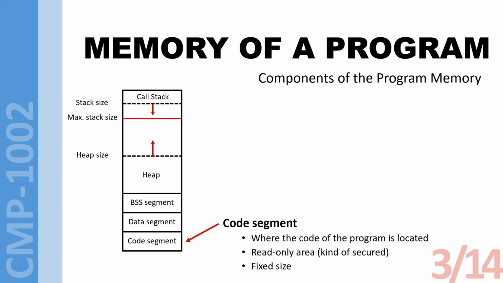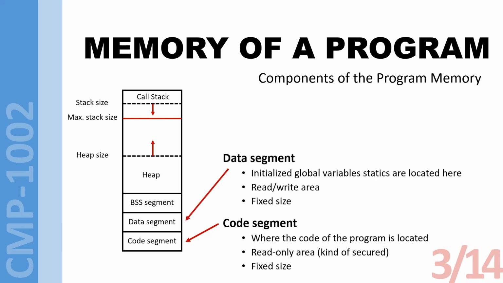This is a read-only area. Unlike the other segments, the heap and the stack, this is an area you cannot write on. It is only readable. So it's kind of secured, because you cannot change the code while the program is running. And also, it has a fixed size.